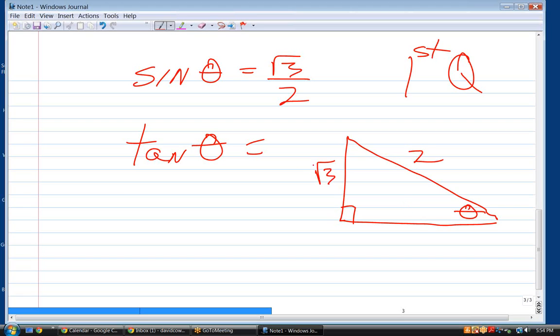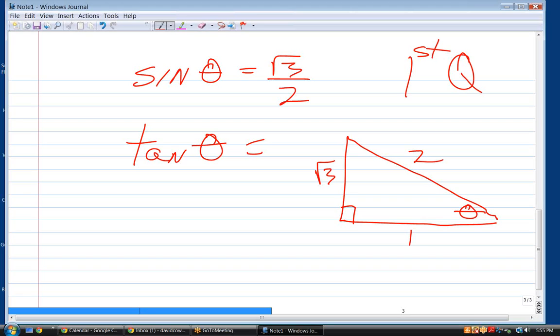And now having 2 out of the 3 dimensions of the right triangle, I can use the Pythagorean theorem to come up with this side, which is 1. And now I can tell you not only the tangent of theta, but all of the other 5 trig functions. In other words, knowing just the sine of theta and which quadrant it's in, I can answer any other trig function. So what would the tan of theta be?